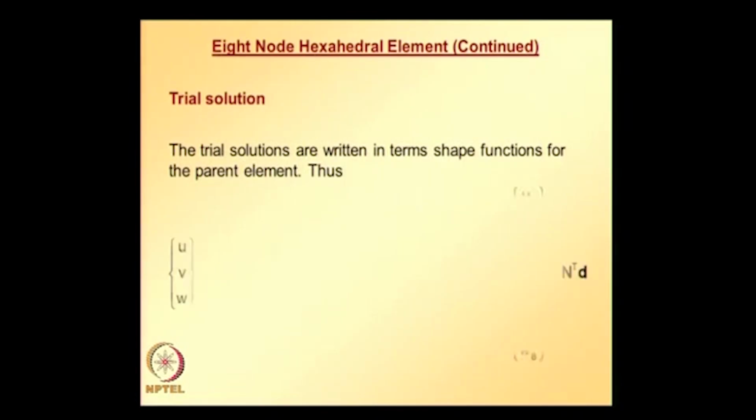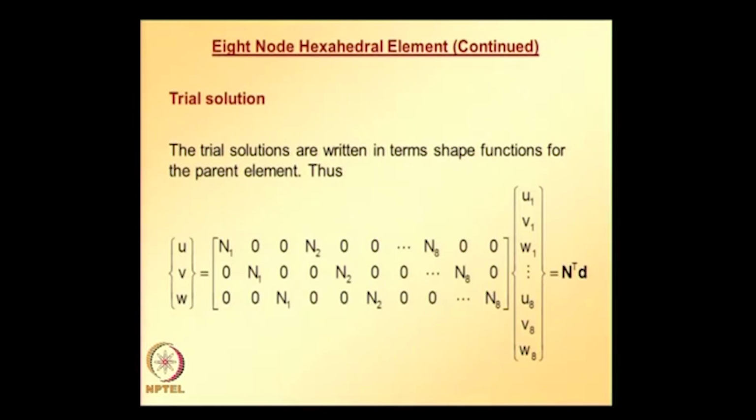The trial solutions u, v, w, the displacement component along x direction, along y direction, and along z direction, can be written in terms of finite element shape functions at all the 8 nodes of this 8 node hexahedral element or 8 node brick element.